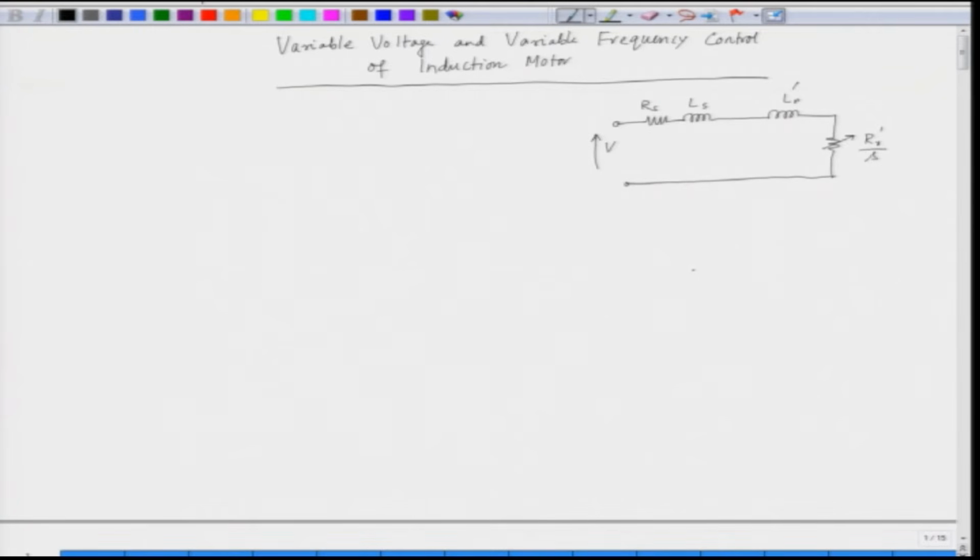Now, we have ignored the magnetizing reactance because that expression does not come direct in the torque equation. Now, the rotor current here is I r prime. So, this is our rotor current. Now, we can write down what is I r prime here.